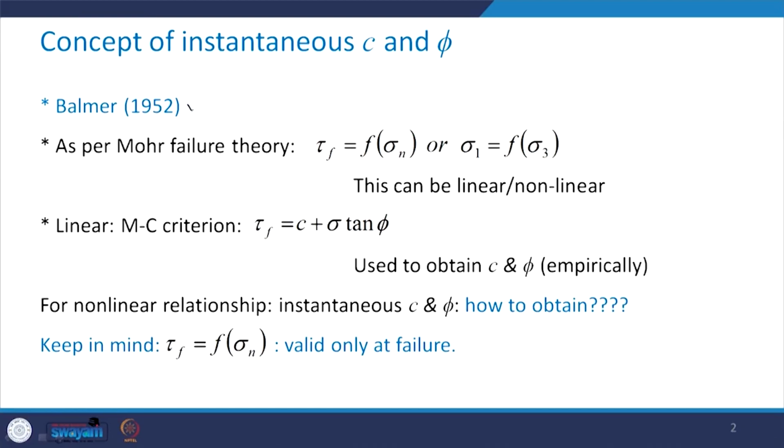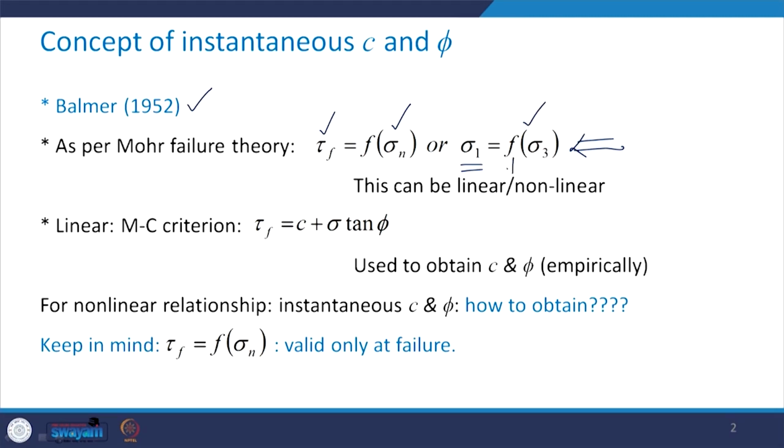It was given by Balmer in 1952. As per Mohr's failure theory, we have seen that the shear stress at failure is a function of the normal stress at the plane of failure, or sigma 1 is some function of sigma 3.